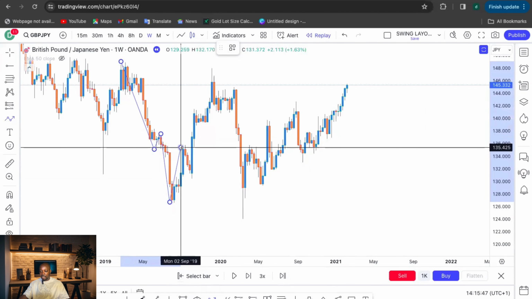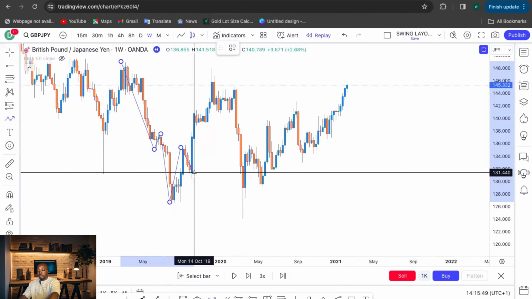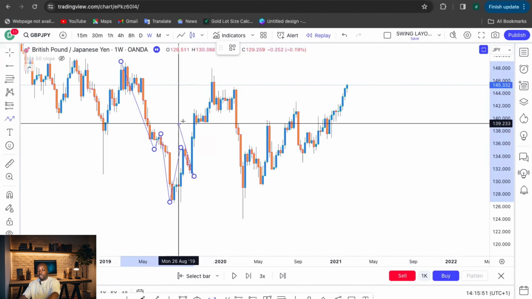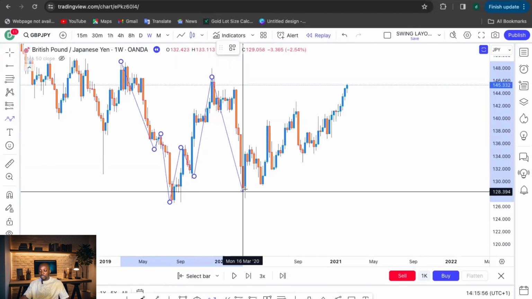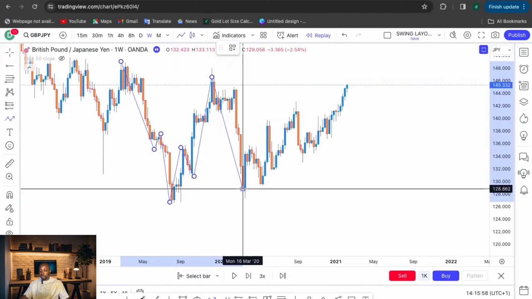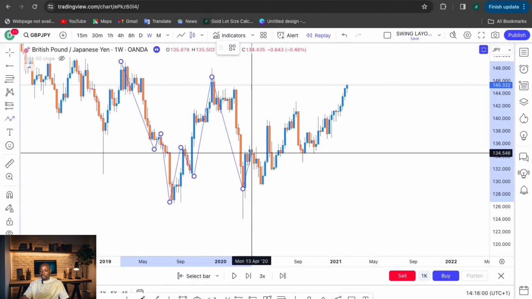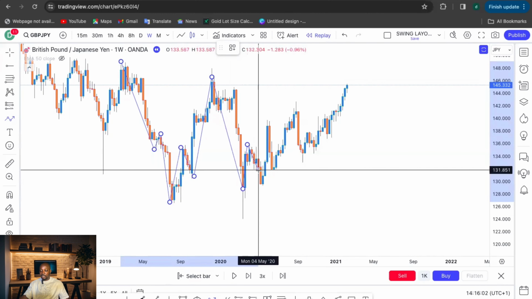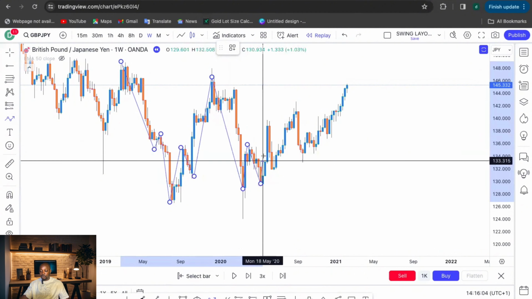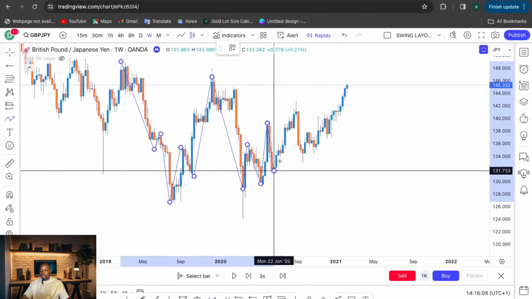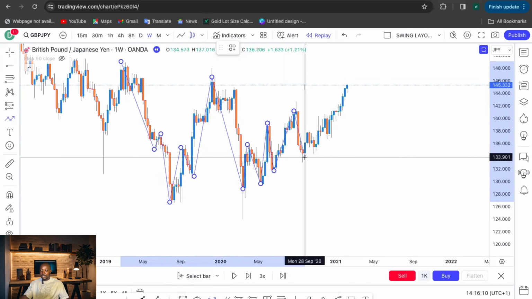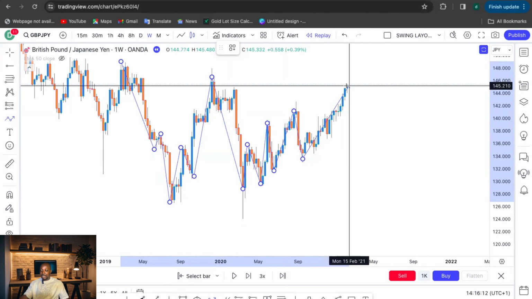It made a high, still in a downtrend, higher low, but immediately broke above this high, higher high, came and broke under this low again, lower low. It made a lower high, higher low, higher high. So it has broken into uptrending structure: higher low, higher high, higher low, higher high.